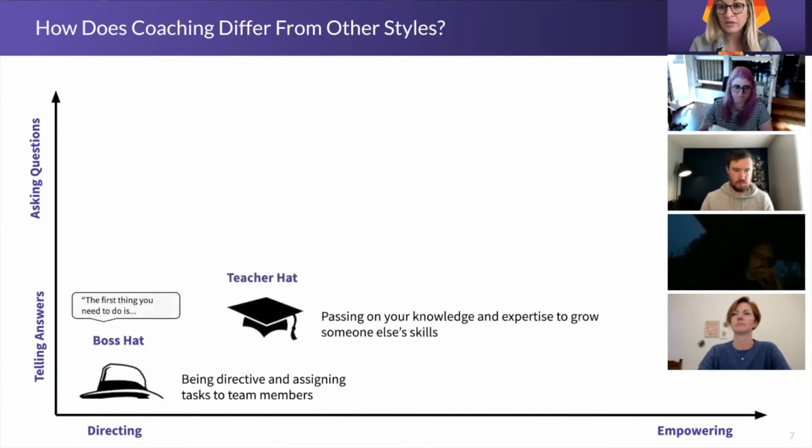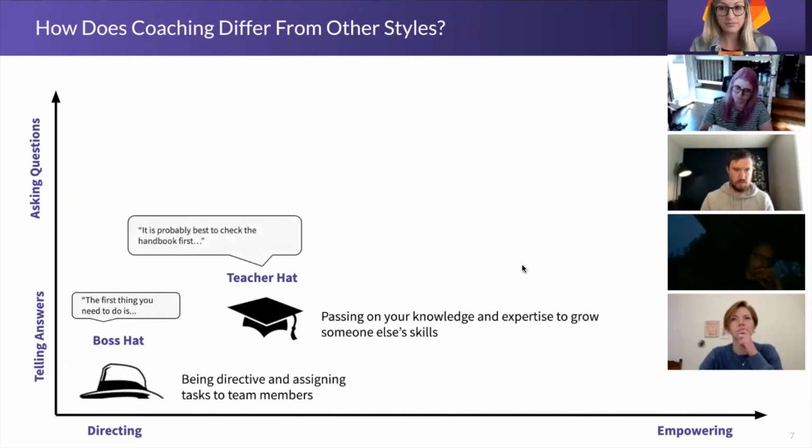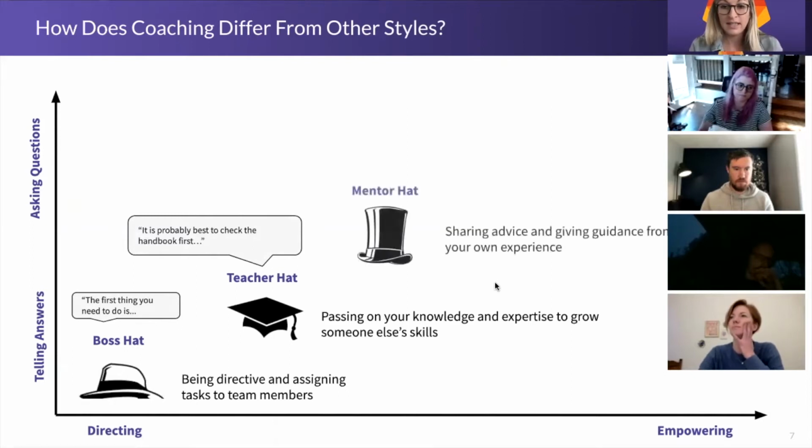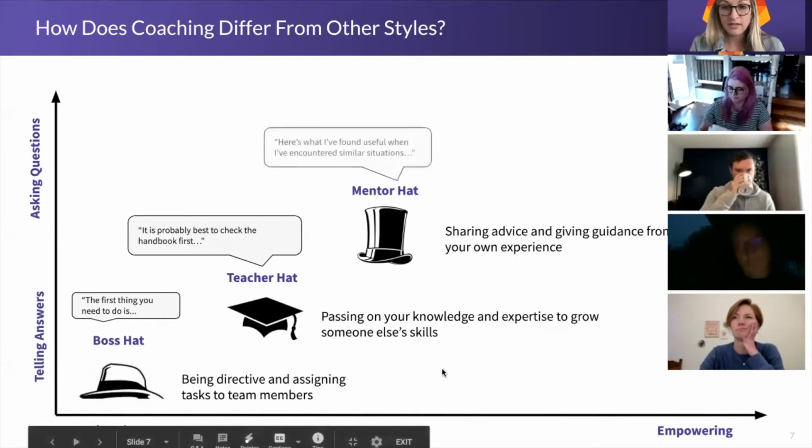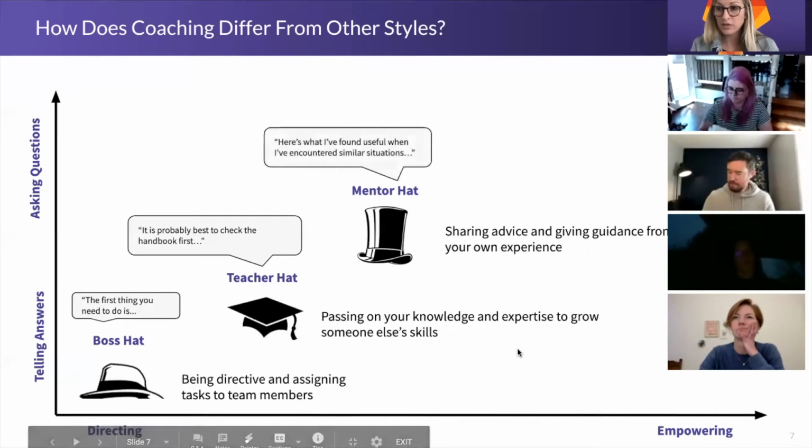The teacher hat is about passing your knowledge and expertise to grow someone else's skills, like checking the handbook, teaching people how to do things on GitLab. The mentor hat is sharing advice and giving guidance from your own experience: here's what I found useful in this situation.